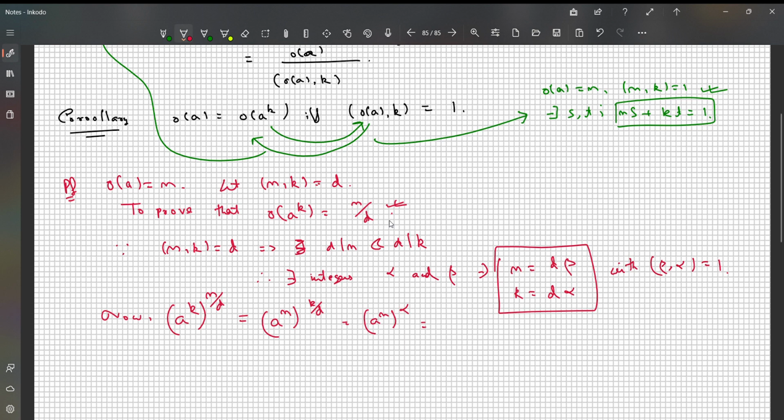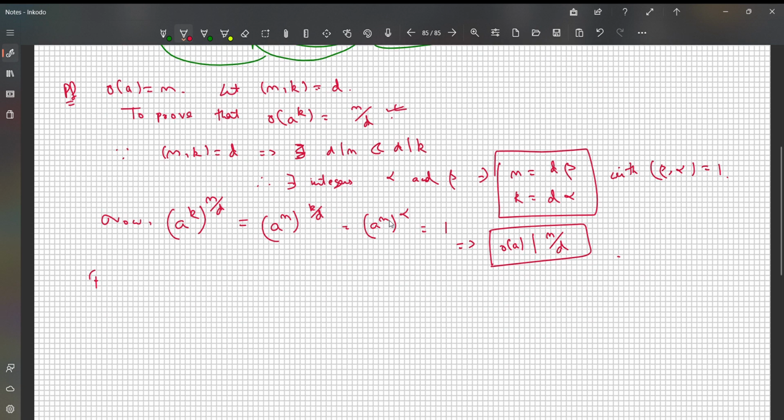So this is nothing but a to the power n alpha, and a to the power n is 1 because n is the order of a. So this is 1, right? So that trivially implies that the order of a to the power k divides n by d, right? Okay.